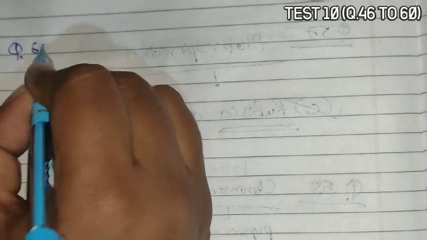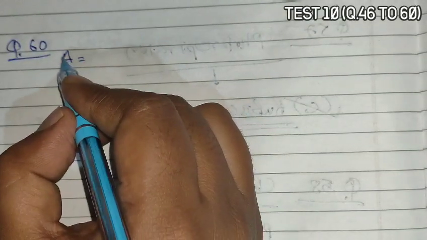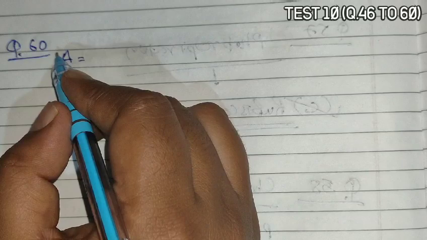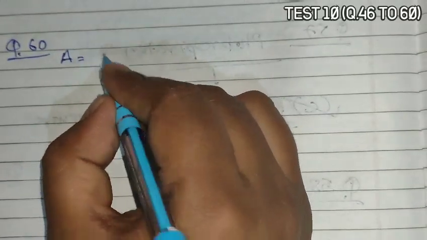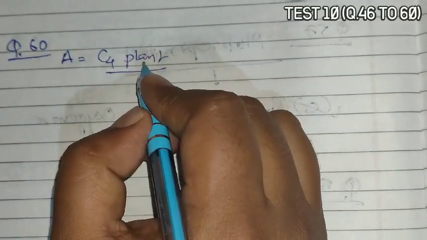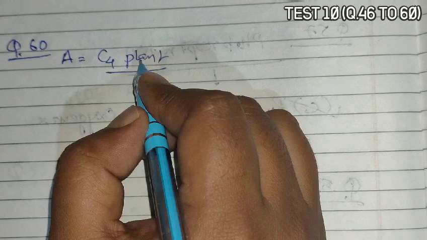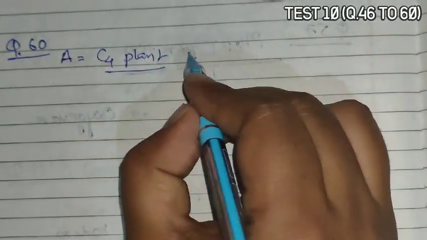Next is question 60. Assertion: in C4 plants, carboxylation takes place in the chloroplast of mesophyll cells and bundle sheath cells.